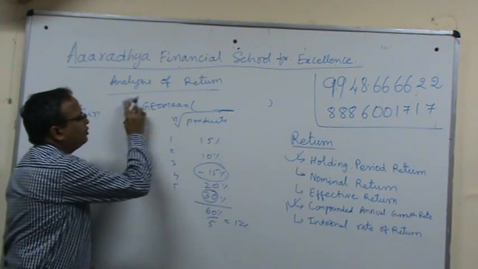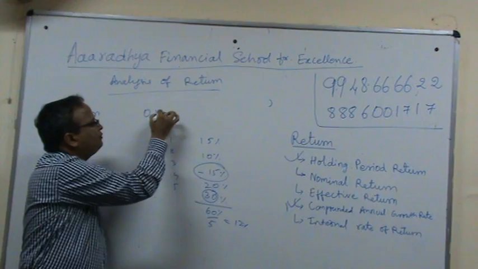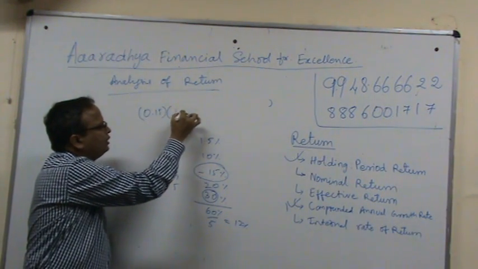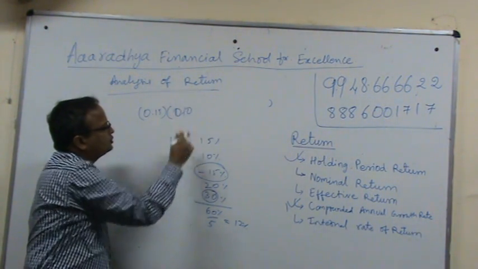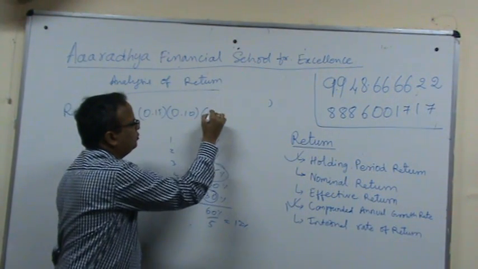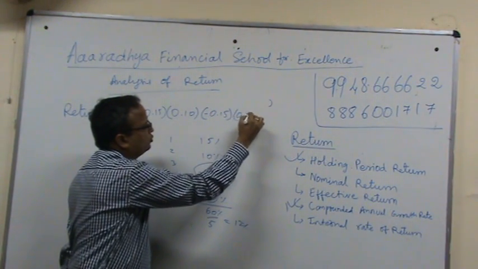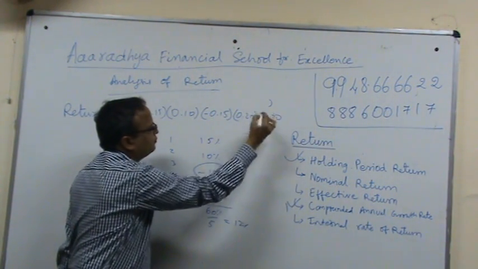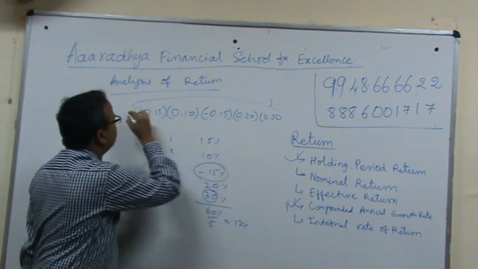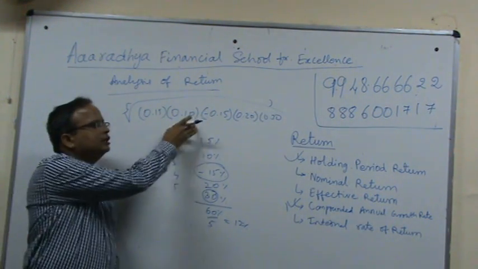So for this, if I were to write the mathematical formula, it will be like this: 0.15 into 0.1 into minus 0.15, 0.2, 0.3. When I take the fifth root of this, rules of mathematics say it's a surd.